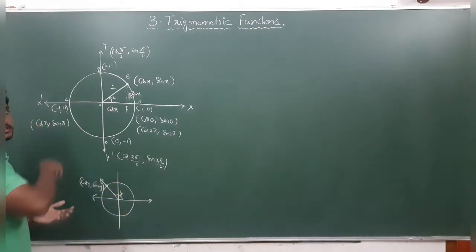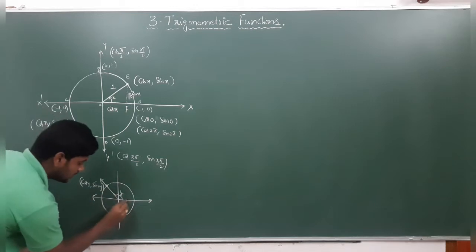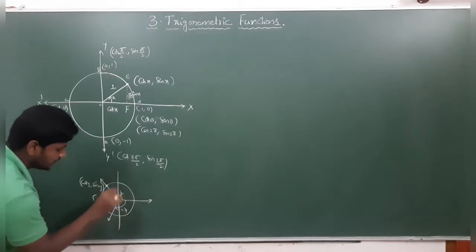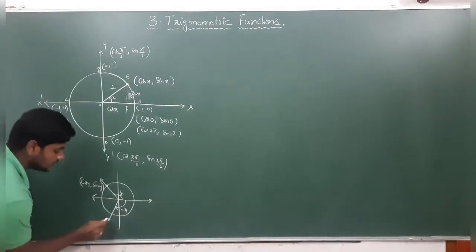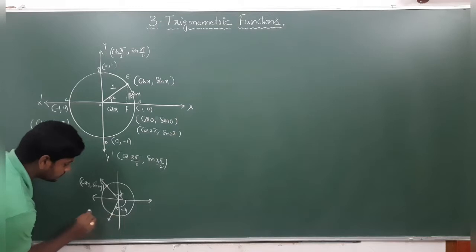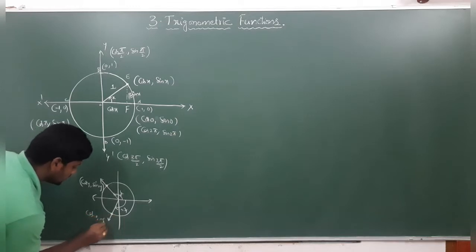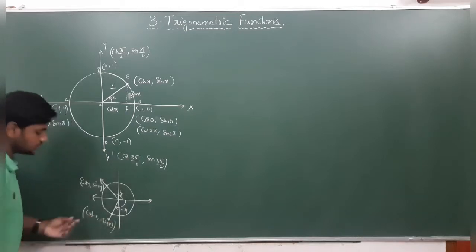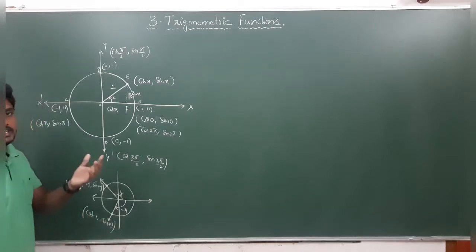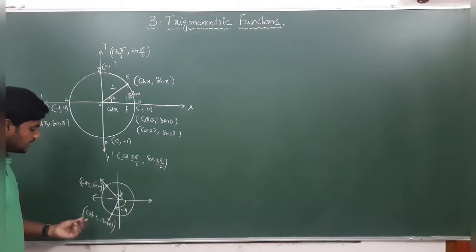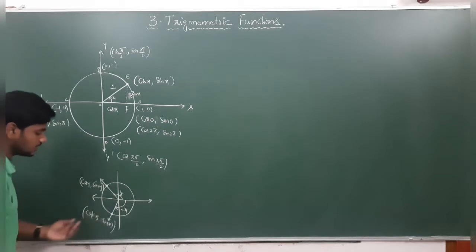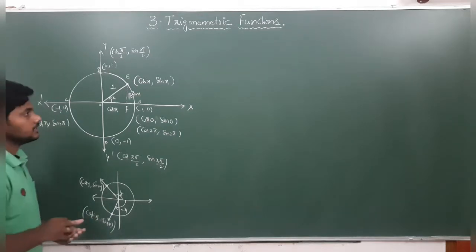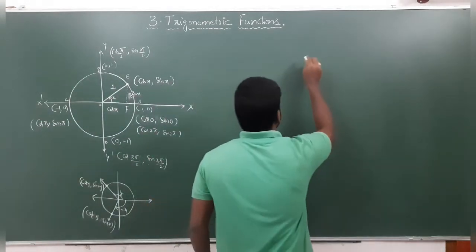This is anti-clockwise. For example, if it is the minus x angle, in the opposite direction, then this point will become cos of minus x comma sin of minus x. So that angle we will write. So cos and sin are common. Whatever may be the angle, we will write cos of minus x comma sin of minus x, like that. Right? Now, see all of you.